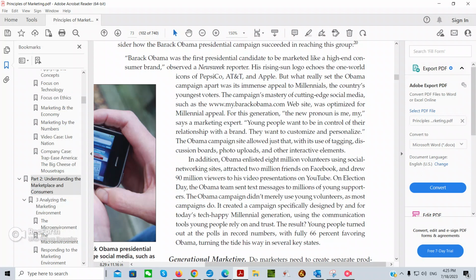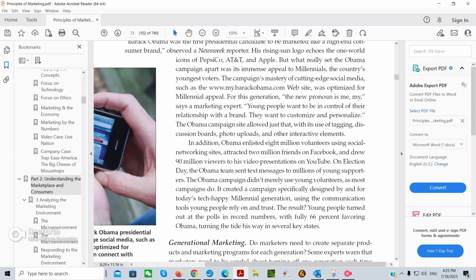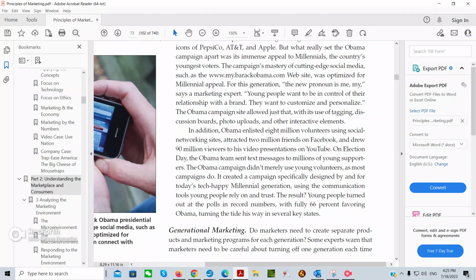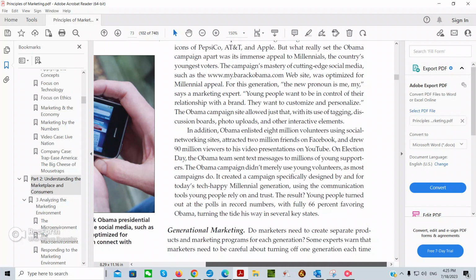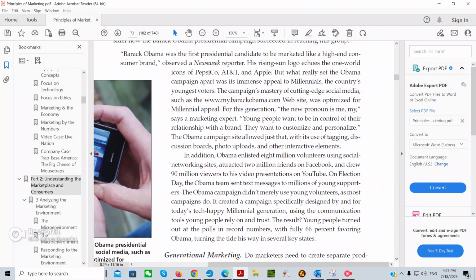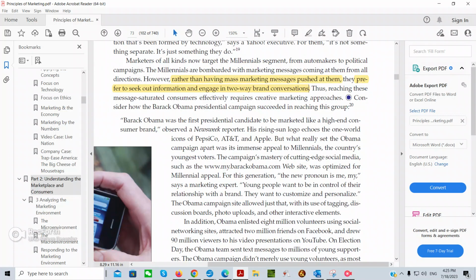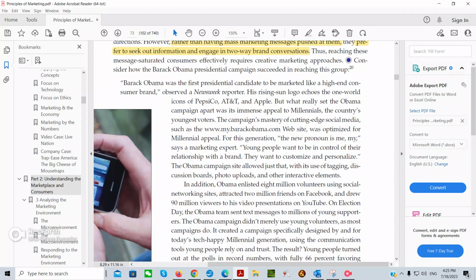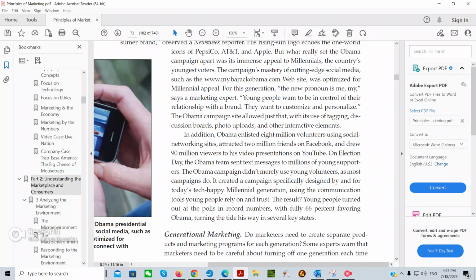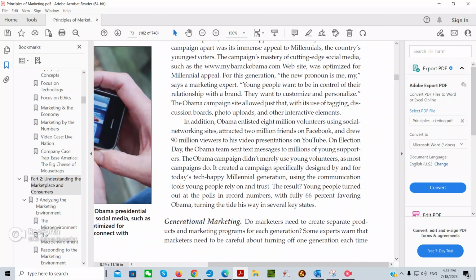Young people turned out to the polls in record numbers, with fully 66% favoring Obama, turning the tide his way in several key states. All right, so you see this idea where he understood his demographics, and he used technology to push his campaign.